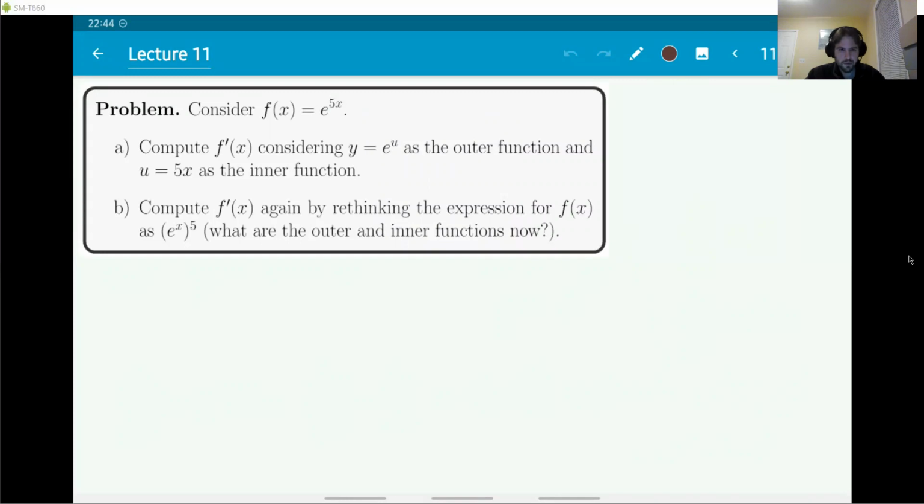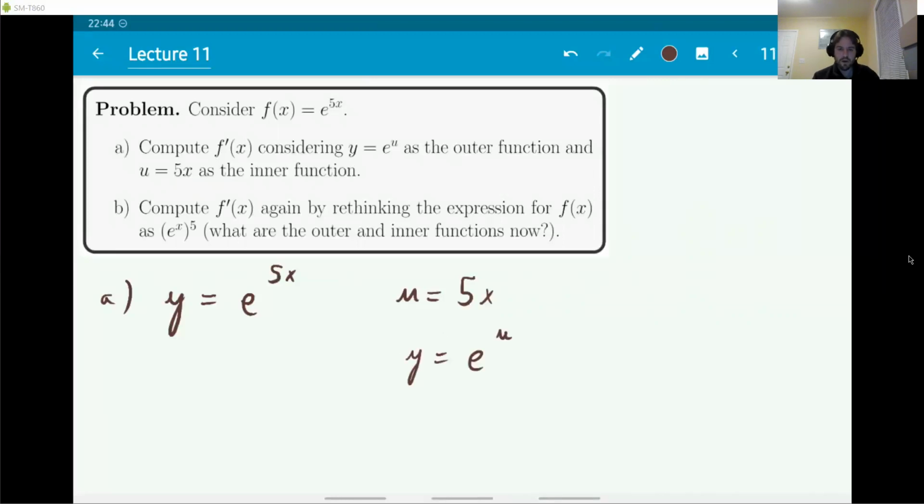So consider f of x equals e to the 5x. Again, we're going to find f prime in two different ways. First one is saying compute f prime considering e to the u as the outer function and u equals 5x as the inner function. So it's like this. The 5x in the exponent is the thing that we're going to be calling u. And e to the u is the function.